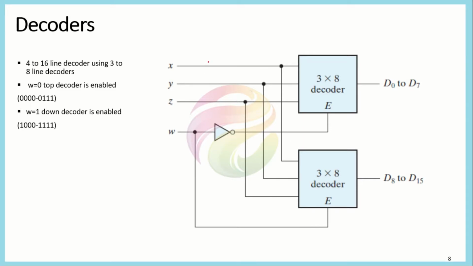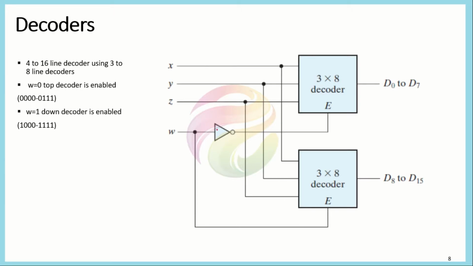So we have a 3 input system here, X, Y, Z. We have connected both of these decoders to these 3 lines, X, Y, and Z. So for any given value of X, Y, Z, we will be having the same code generated here from D0 to D7, and a similar code will be generated here from D8 to D15.